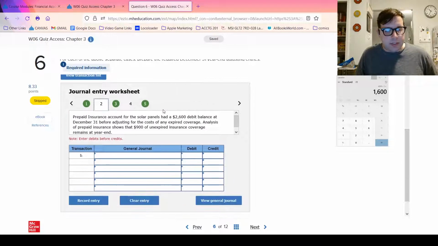The second entry says prepaid insurance account for the solar panels had a $2,600 debit balance at December 31st before adjusting for the cost of any expired coverage. Analysis of prepaid insurance shows that $900 of unexpired insurance coverage remains at year end.